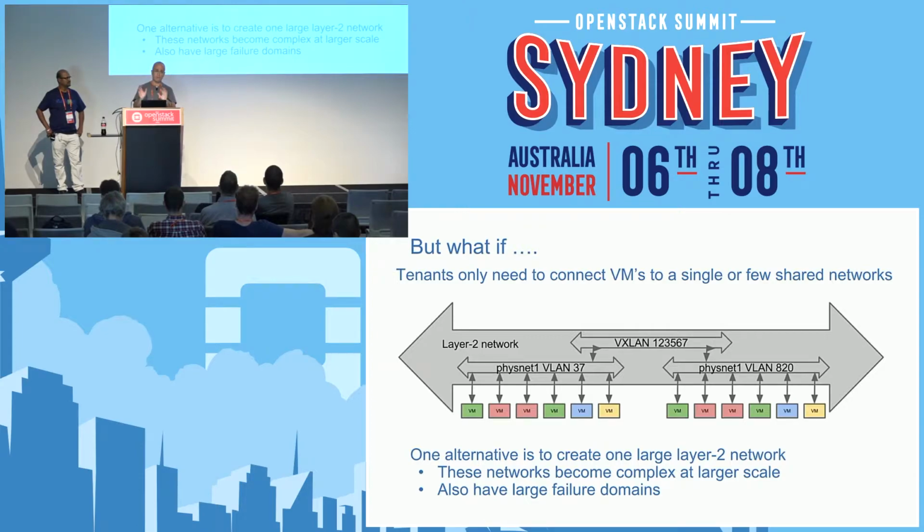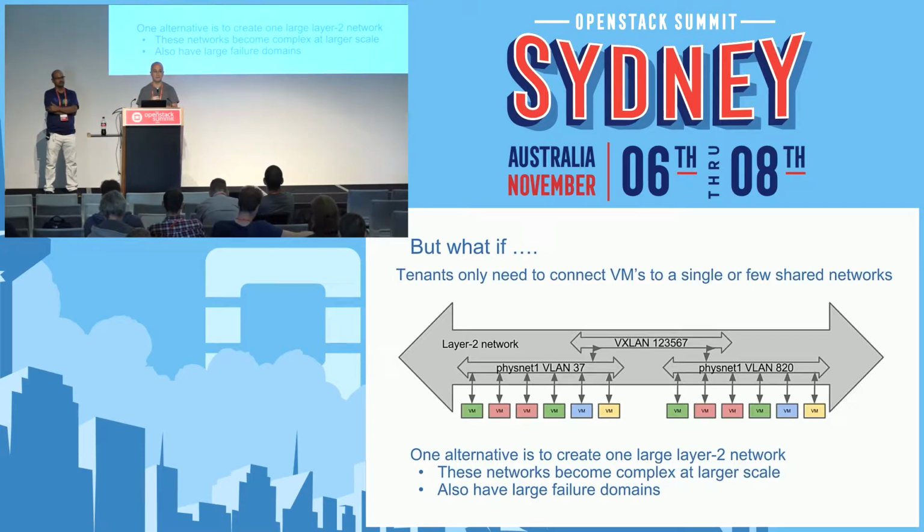So that was the emphasis in Neutron for many cycles. And then over the past 3 or 4 cycles, the question kept coming more and more. What if some tenants and some users, and in some use cases, it's not that important to have all that rich toolkit for tenants and for admins to create these complex network topologies?